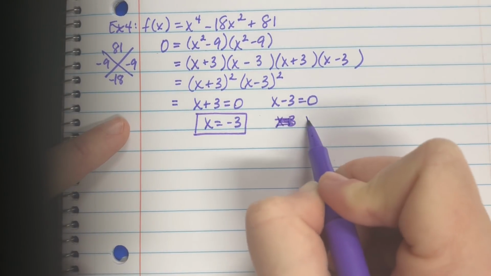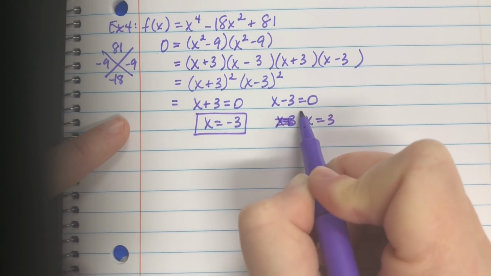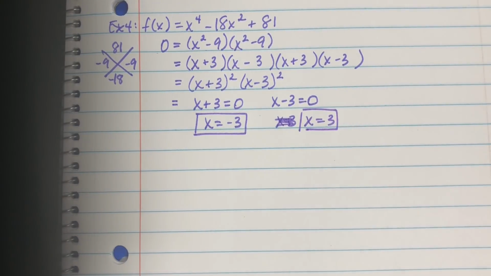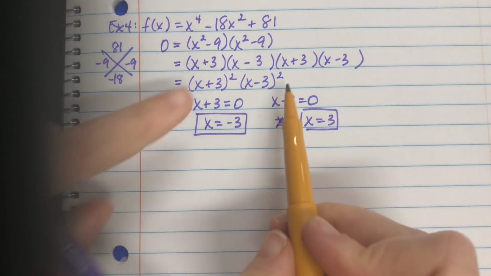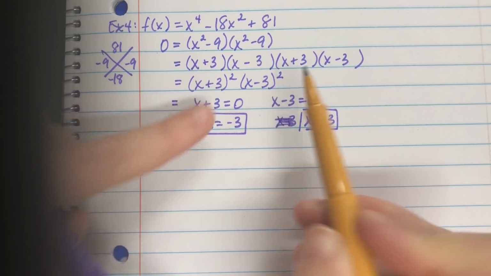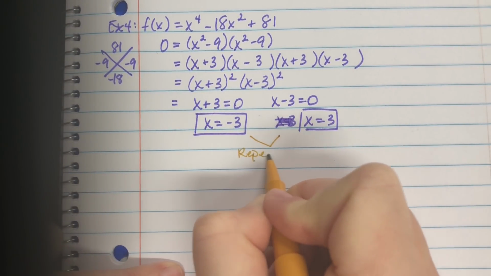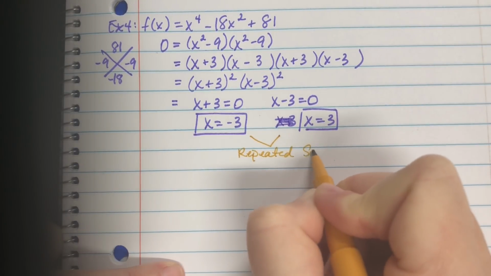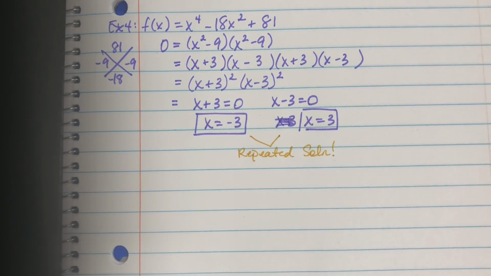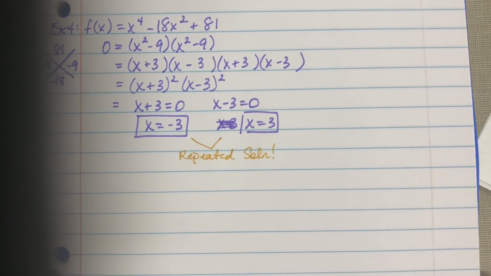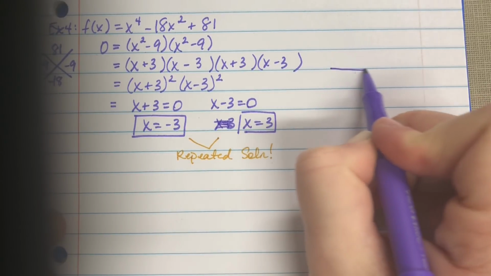I'm going to rewrite that. And x equals positive 3. Keep in mind, again, both of these guys were repeated solutions. All right, let's move over and graph this.